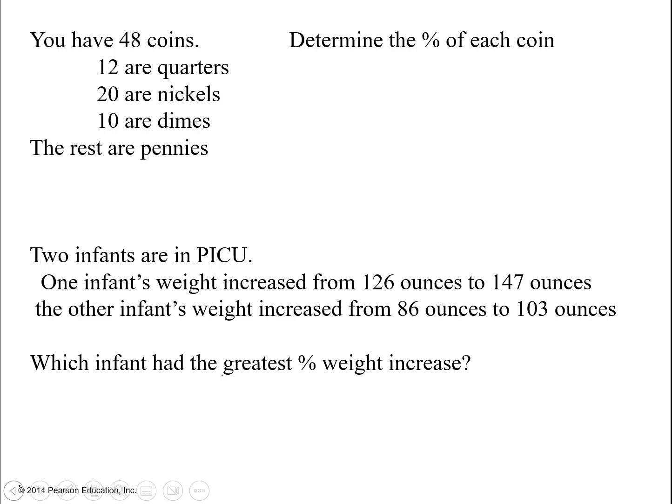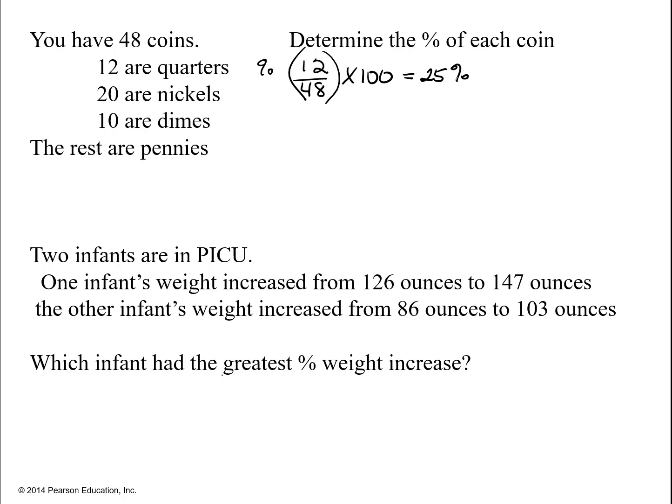So how do I figure out how many are quarters? What is the percentage of quarters? 12 divided by 48. You just take 12, the number of that portion, divided by the total number, times 100, and that comes out to 25%.